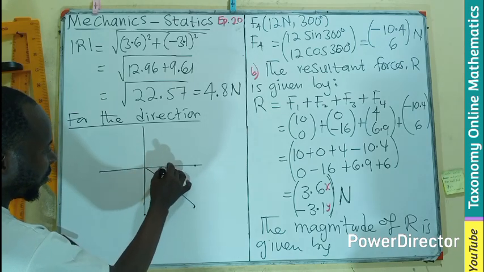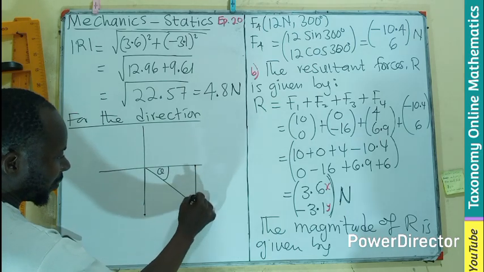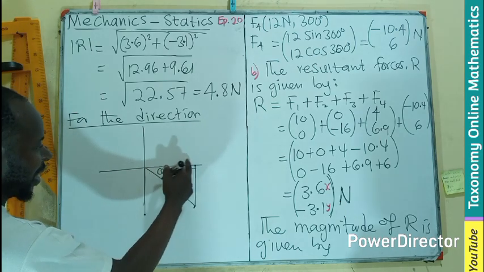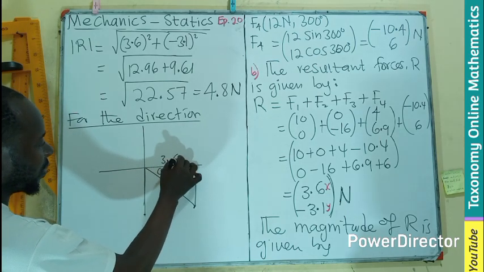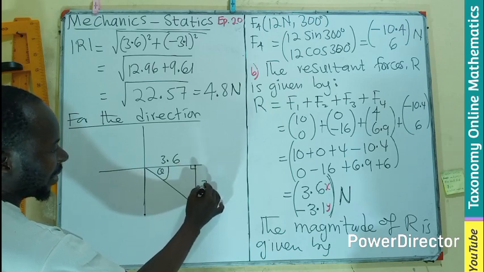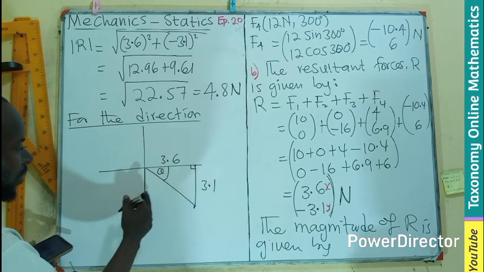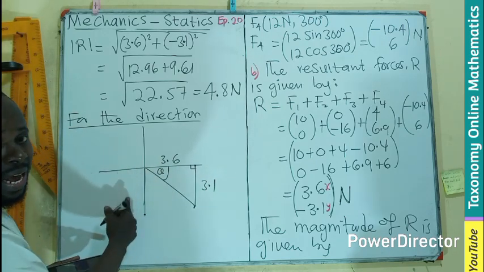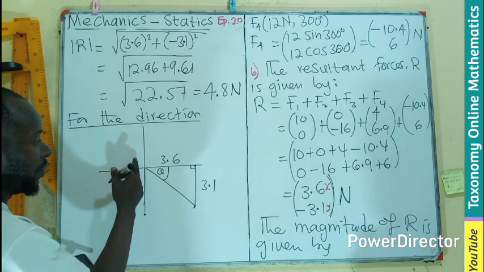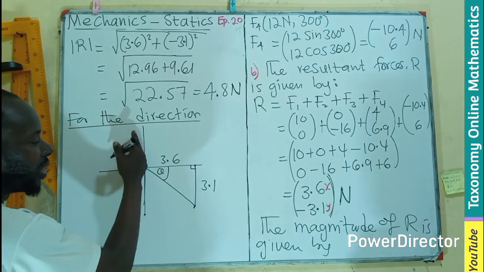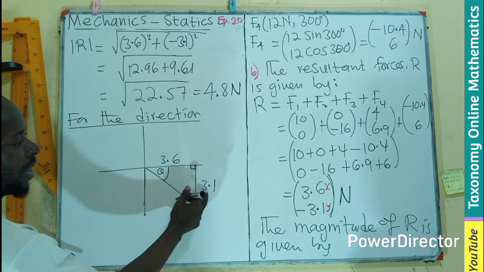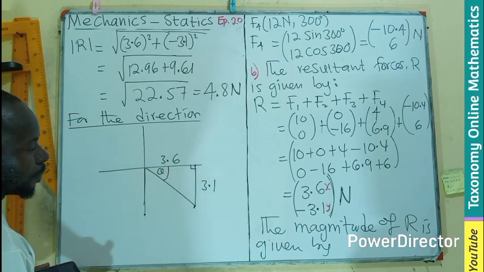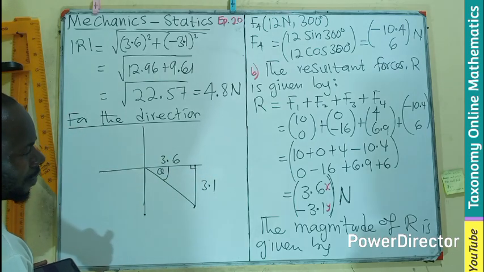The angle it formed with the x-axis, this will give you 90. The distance here is 3.6. The distance here is 3.1. The negative is only showing the direction of the y-axis. If it is positive, we are going this way. Negative means this. We are only picking the distance created there. So looking at that, what are we looking for?